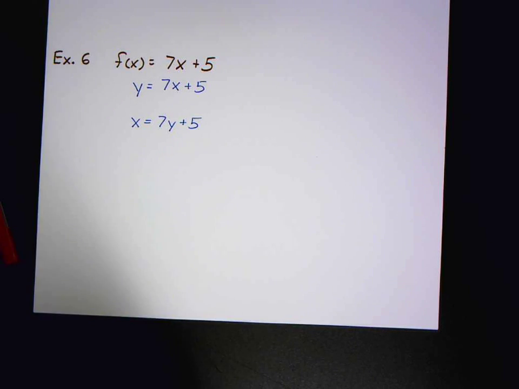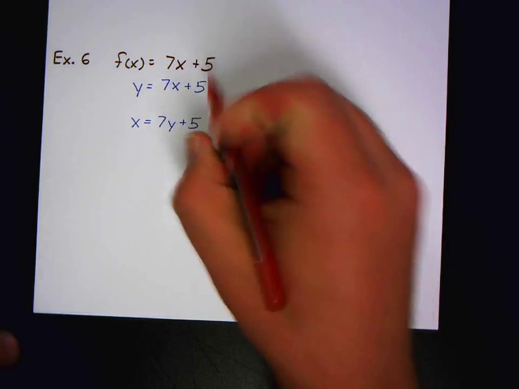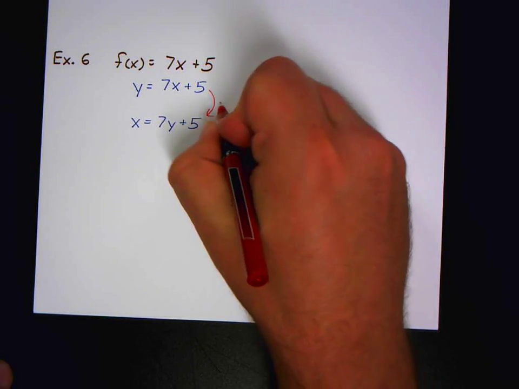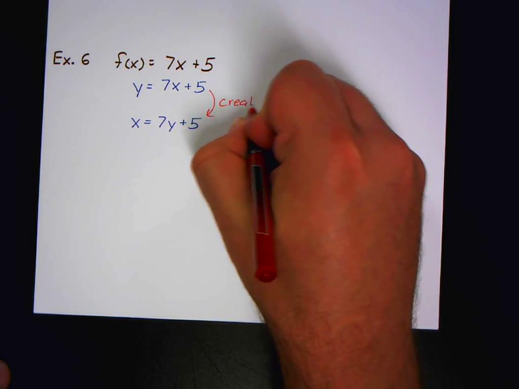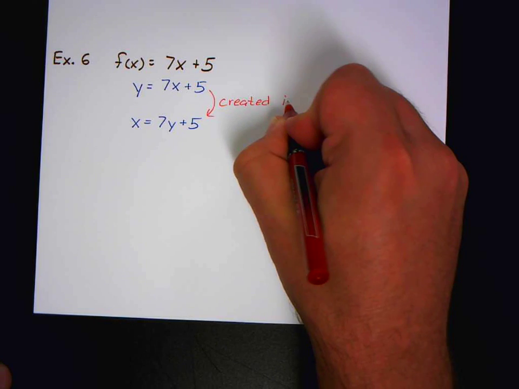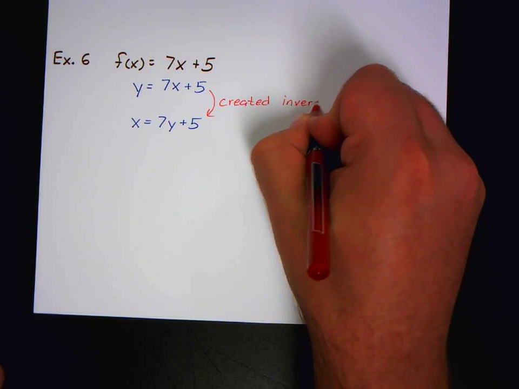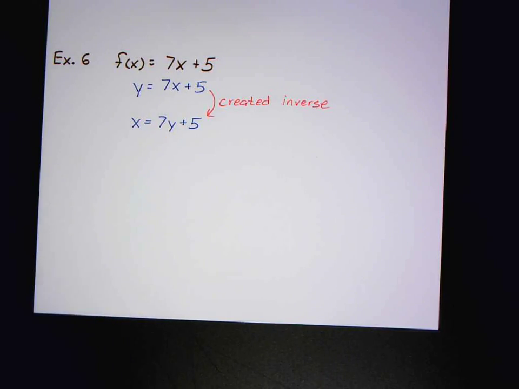You now have your inverse. That step there, that created your inverse. You're not done, but that is all that it takes to create an inverse. That is it. That is how easy it is.